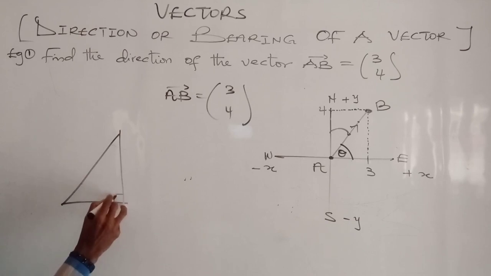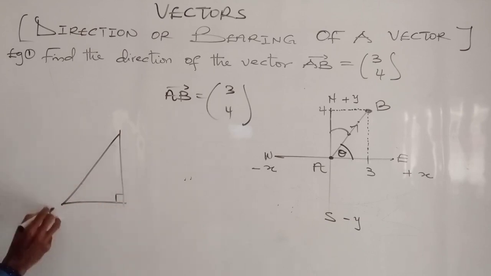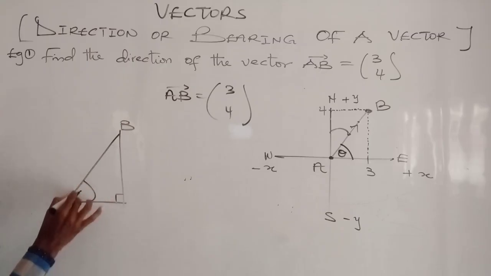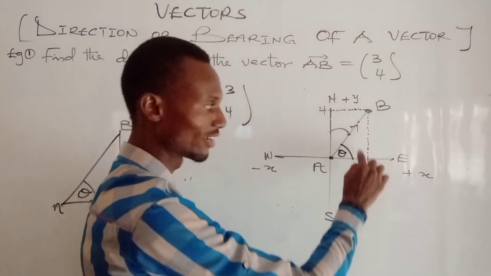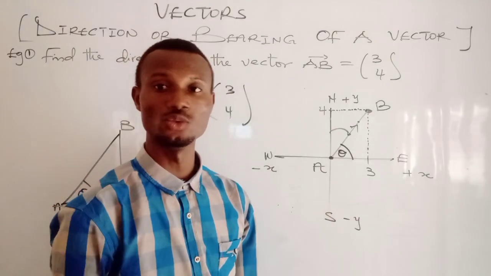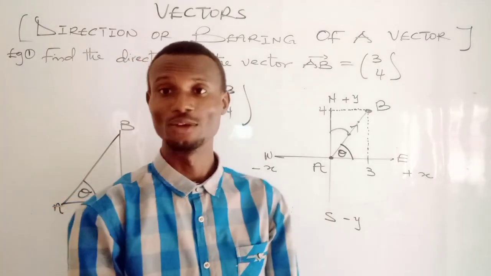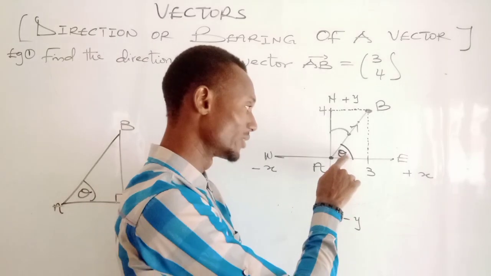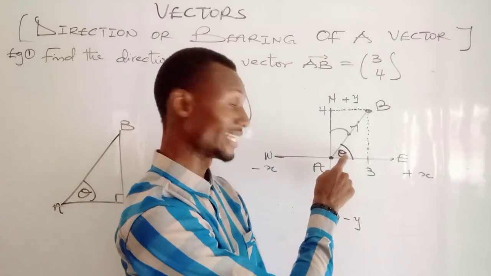It's a right angle triangle. So I have my A here, I have my B here, and the angle theta is being formed here. So considering this right angle triangle, we want to look at the trig ratio that we are going to use to find the angle theta, which is supposed to be here.